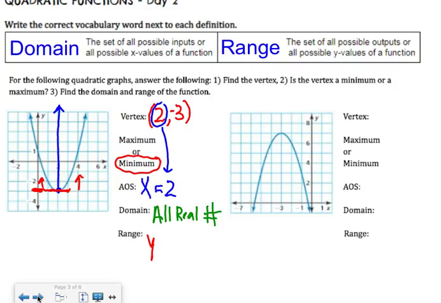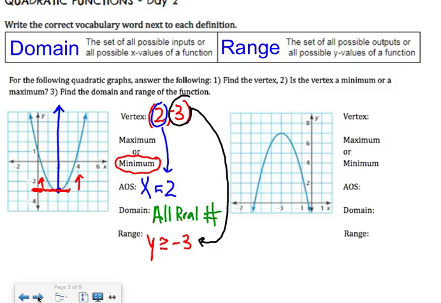So I know that y has to be greater than or equal to -3. What's kind of nice about your range is that this number goes right here. Okay? We'll let that sink in. We'll get some more experience with this in just a second, but that's kind of the gist.